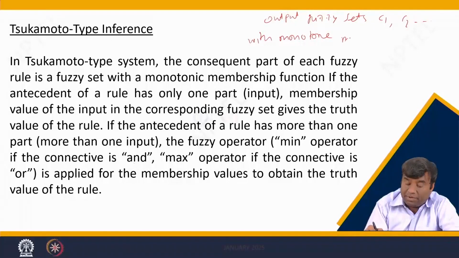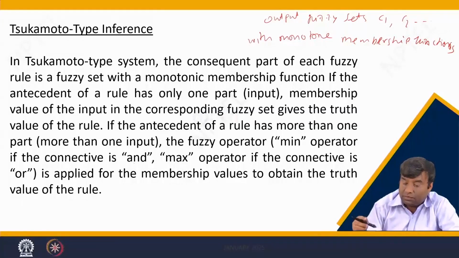The output fuzzy sets C1 and C2 are with monotone membership functions.